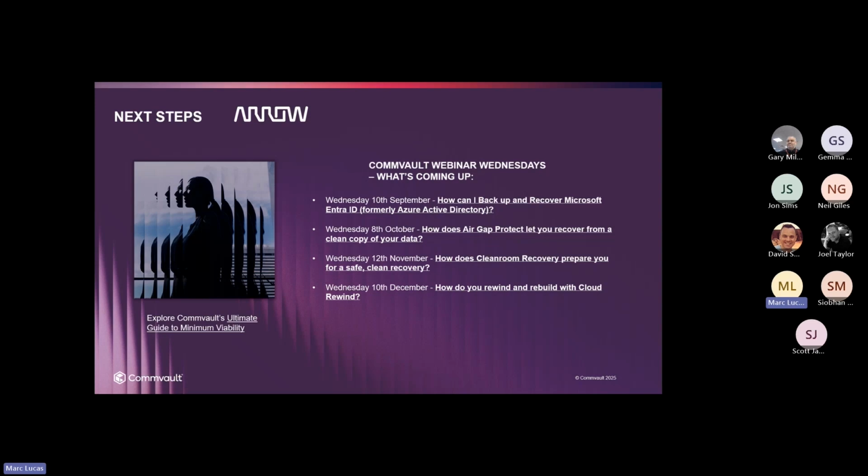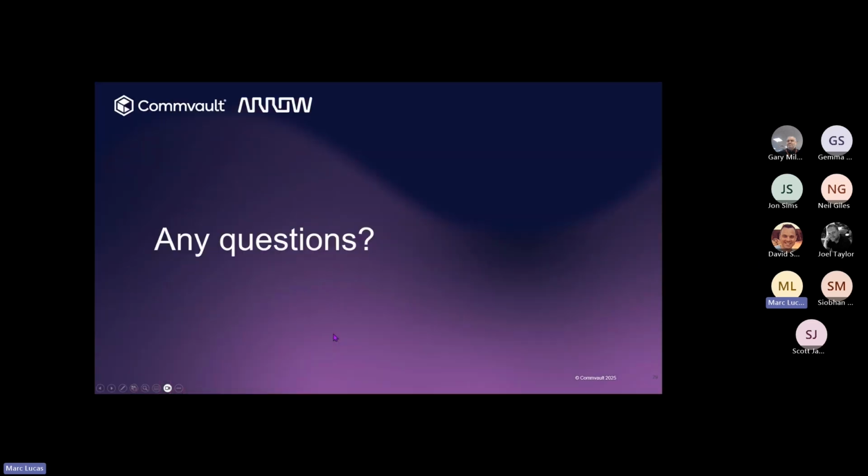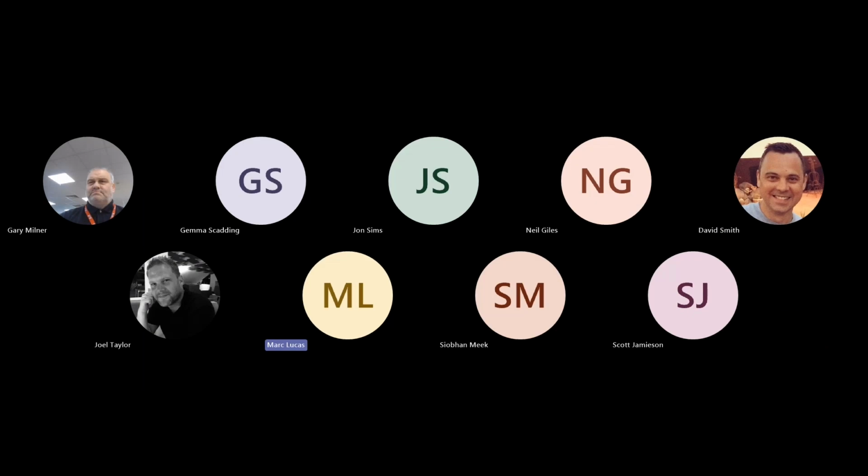And the last one, this is one of the most recent acquisitions that we had, a company called Appranix, where they automated the whole process of cloud infrastructure recovery, and then obviously the data, making it much faster, and that's Cloud Rewind.